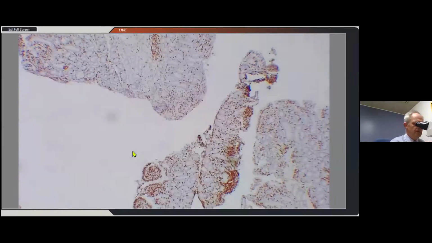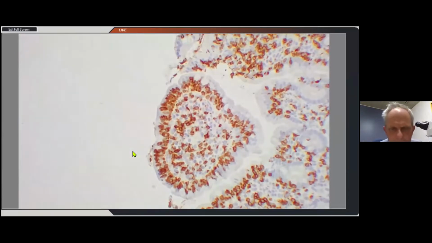And then when we look at the CD3, because those are the cells that should be there in a patient with celiac disease, here you've got all this brown staining, those represent CD3 positive T lymphocytes.